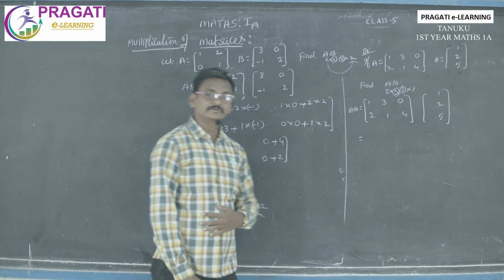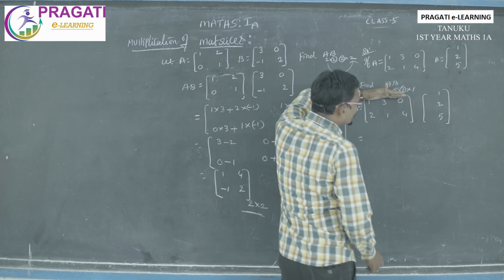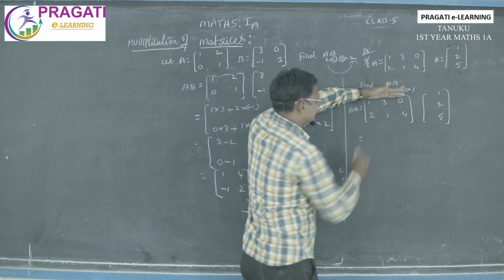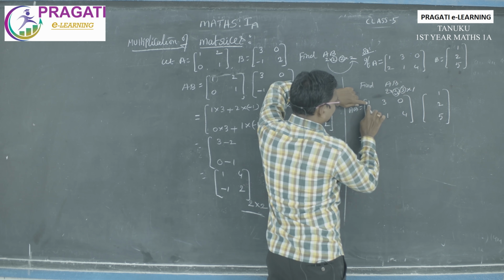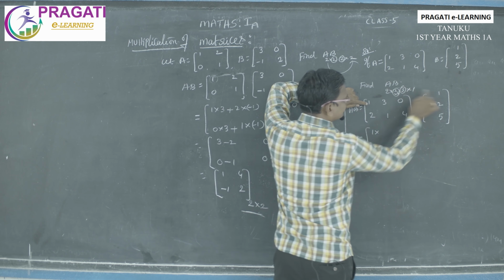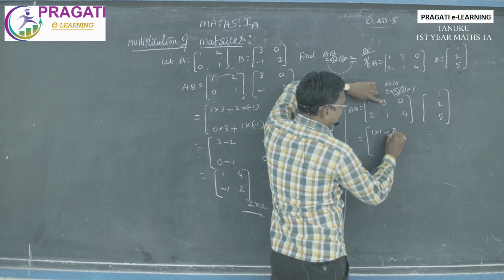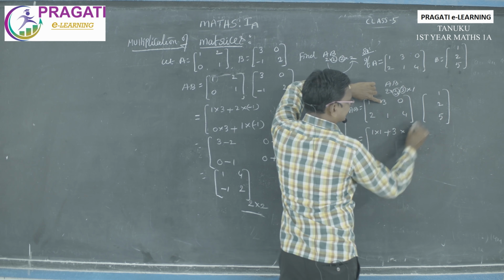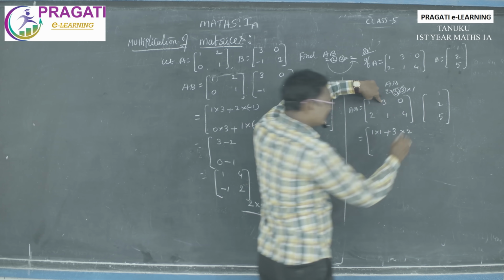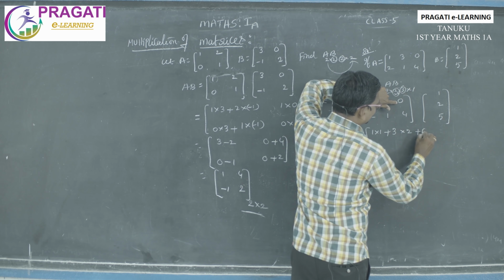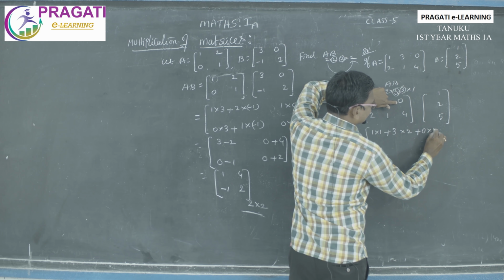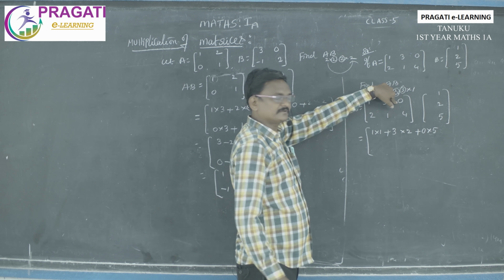What did I tell you? Start with row and column. So 1 into the first element 1, plus the second element 3 into the second element 2, plus 0 into the third element 5.